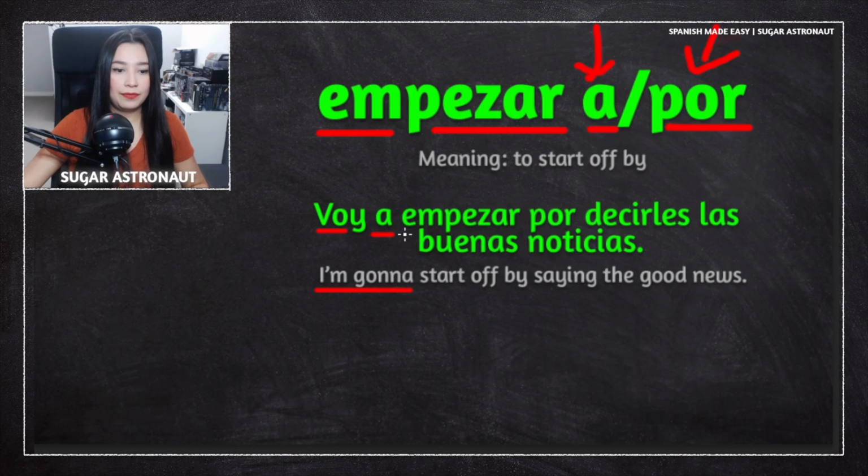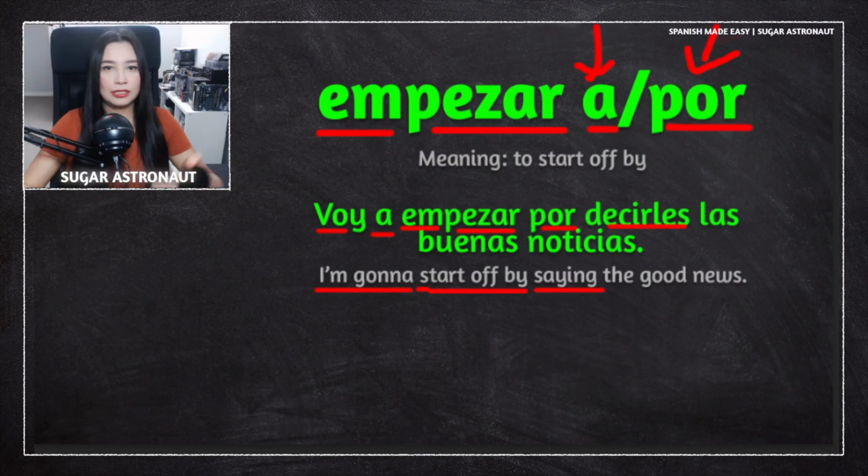And we have the verb right here, empezar. And that means, well, empezar por. Let's not forget por. Empezar por, start off by, or just start off. Decirles, saying.